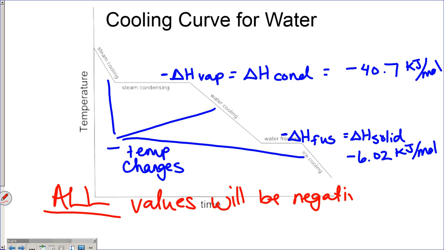A lot of people mess up on this, and their actual phase values with the Q equals MC delta T will be negative, but they forget to make that delta H negative, so they end up with 1 negative value and 1 positive value. That's incorrect. All of your Q values are either going to be all positive if it's endothermic, or all negative if it's exothermic.